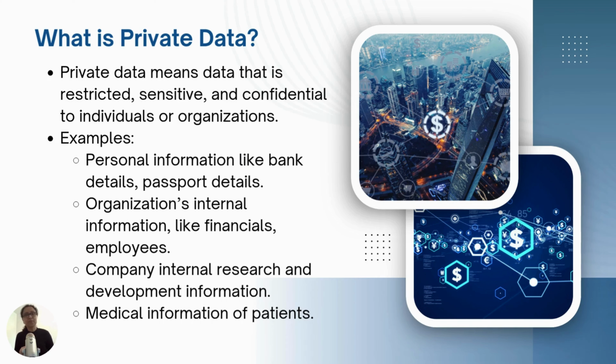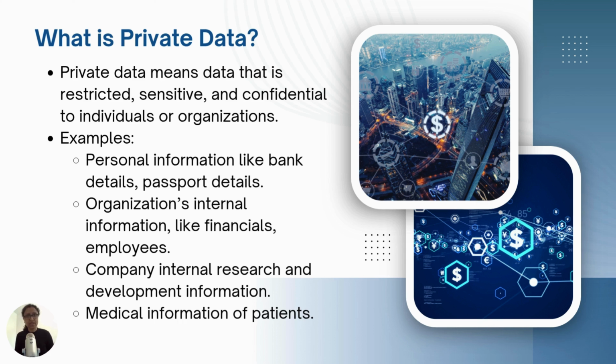Next, what is private data? Private data means data that is restricted, sensitive, and confidential to individuals or organizations. By name, it's very clear. What examples do we have? Our personal information like banking details, passport details, all those things. Then organizations' internal information like financial information, HR data, employee data.